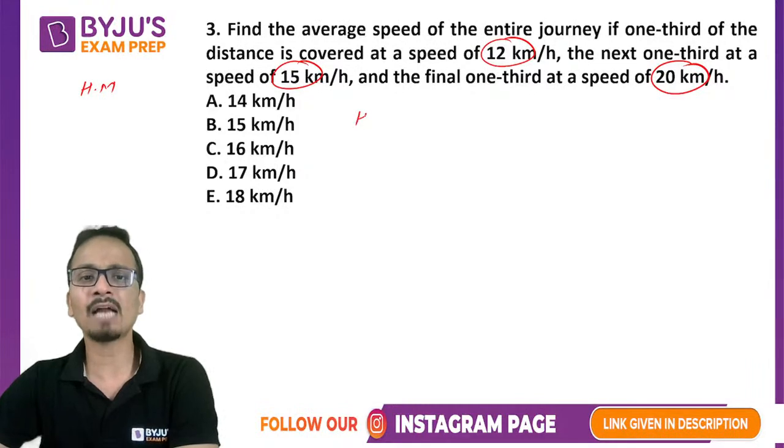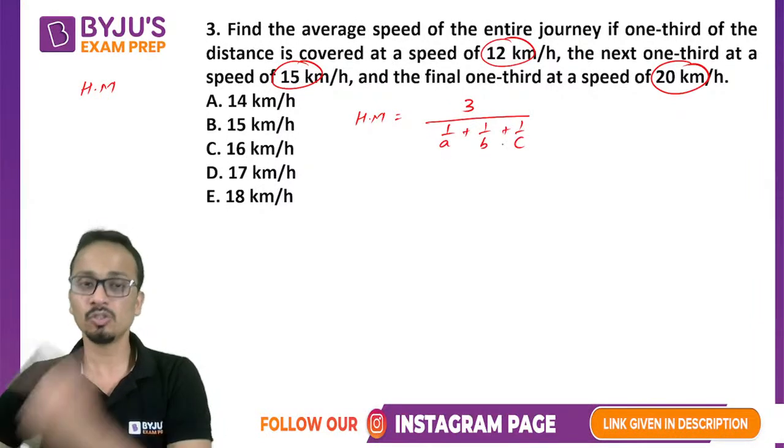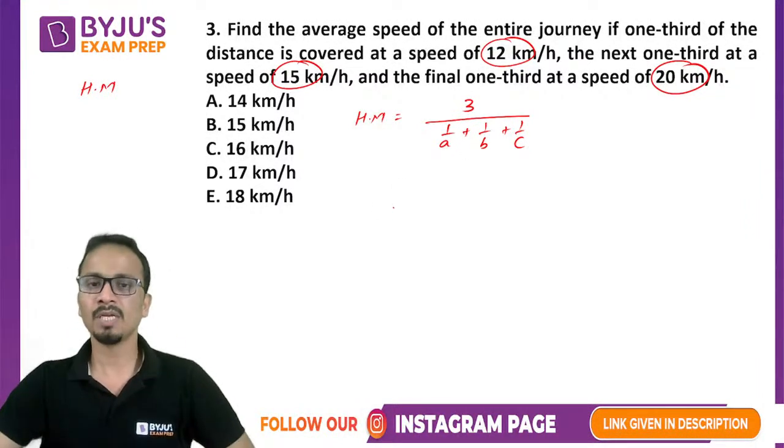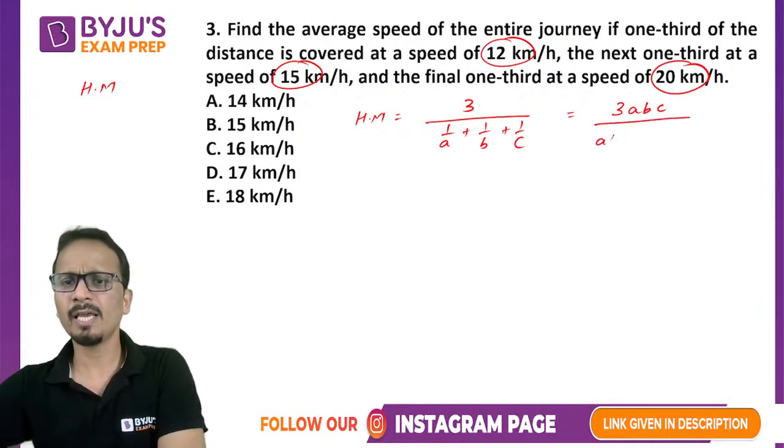So the harmonic mean is given by 3 upon 1 upon A plus 1 upon B plus 1 upon C. This is the harmonic mean of 3 terms. If I simplify this, it will become 3 times ABC divided by AB plus BC plus AC.